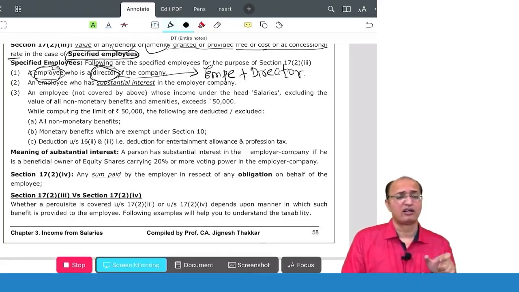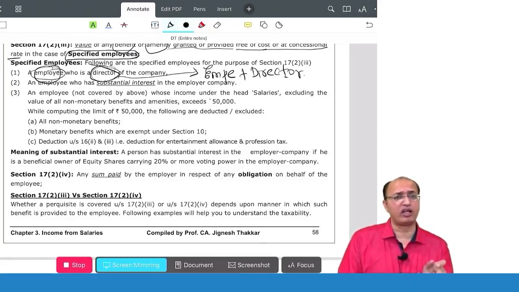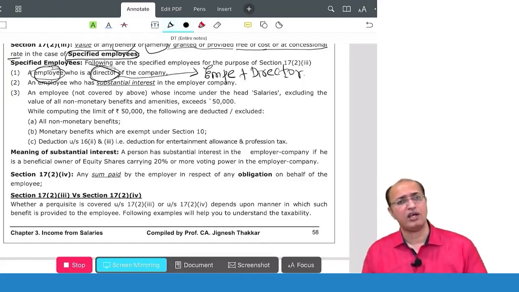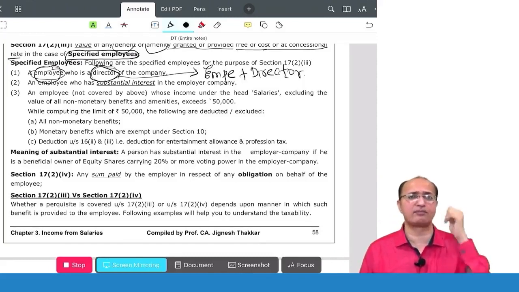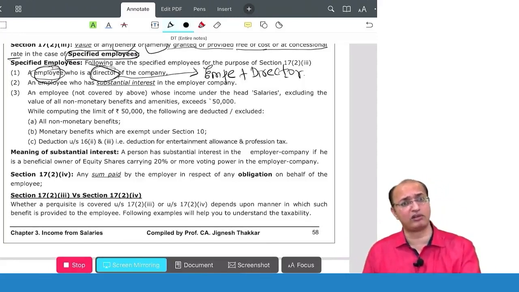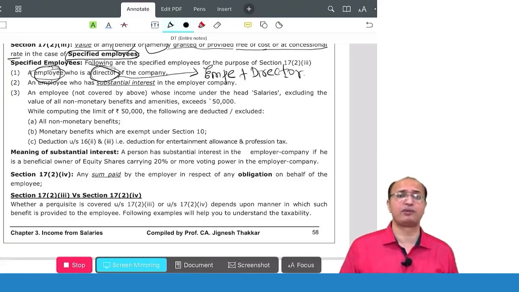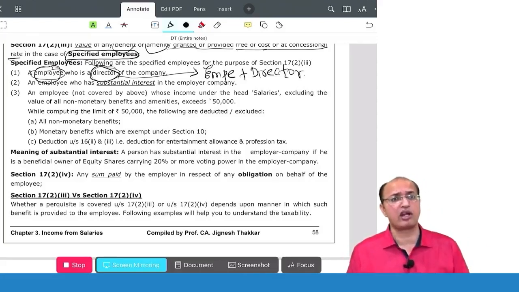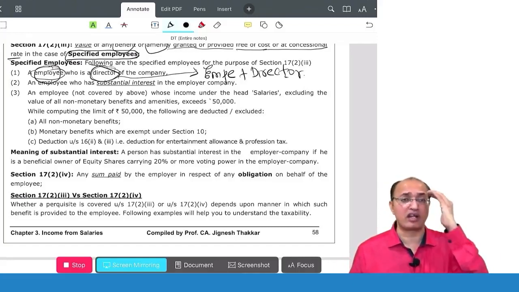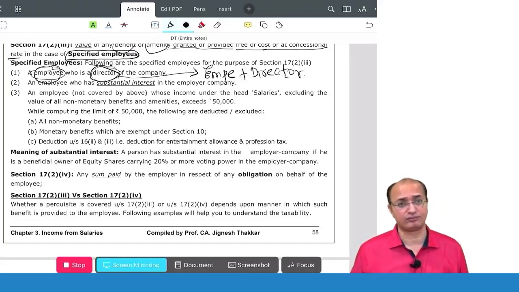Definitely, ideally, it should be only a full-time director, because only a full-time director is an employee. But the CA Institute, in the module, is saying that specified employee will cover a full-time director as well as a part-time director. I totally disagree with that opinion, because a part-time director is not an employee first of all.